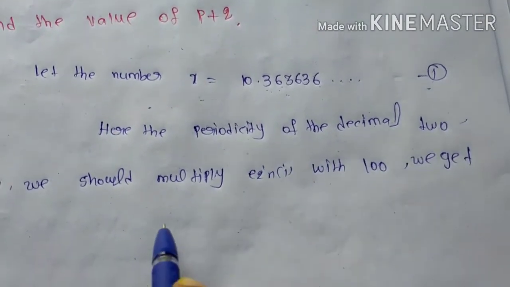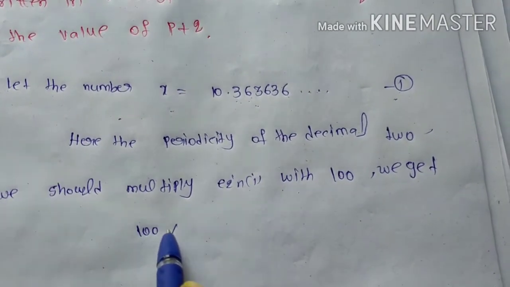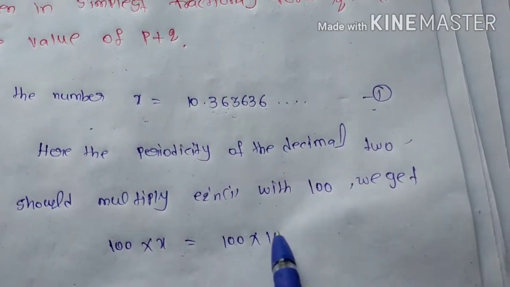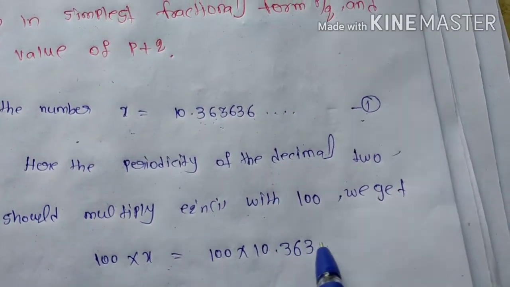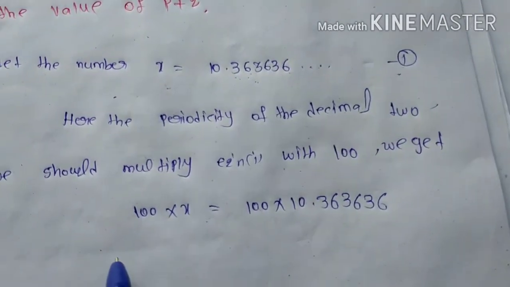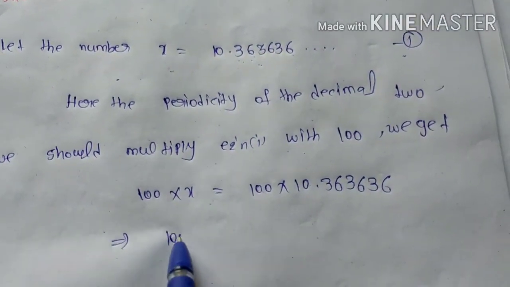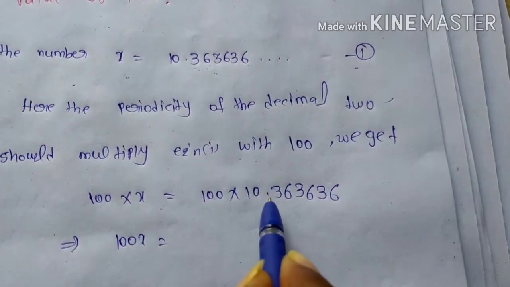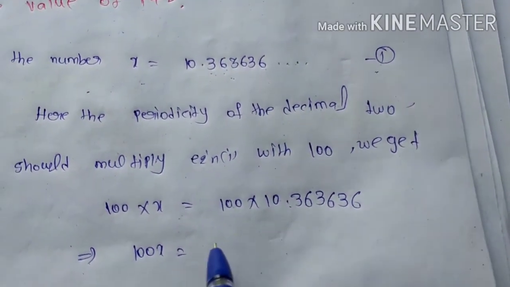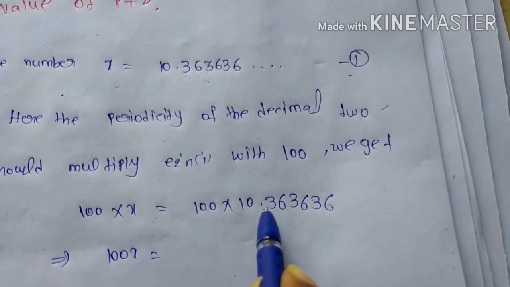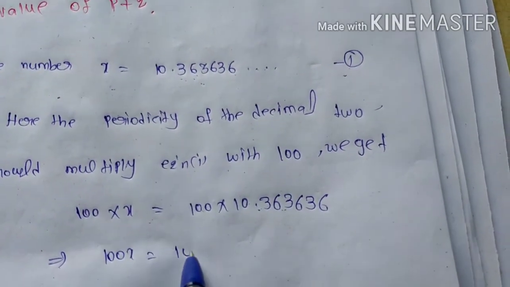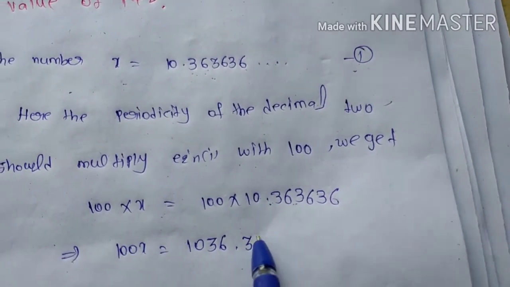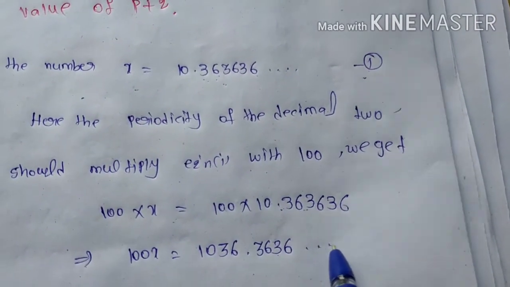We get 100 into x is equal to 100 into 10.363636. Whenever we are multiplying with 100, the decimal point will move to the right side by 2 digits. That means you get 1036.3636 and so on.